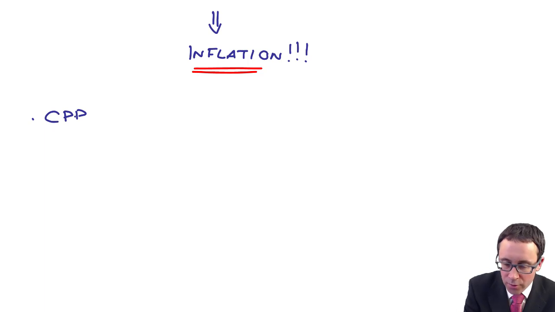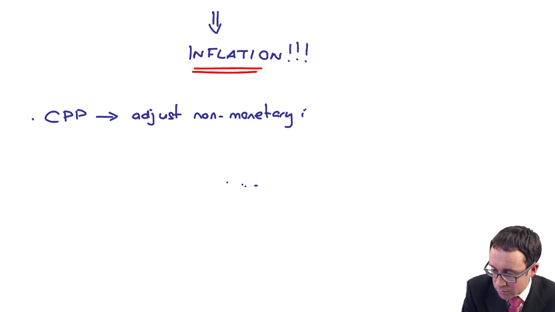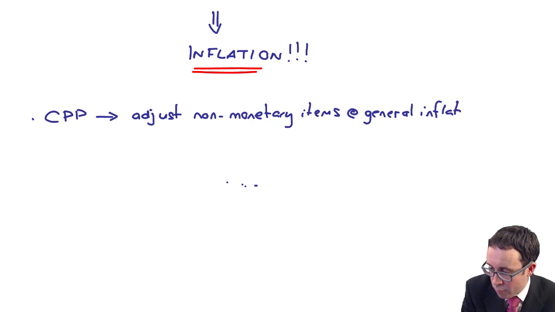So what we do there on your current purchasing power is that we adjust your non-monetary items at the general rate of inflation.